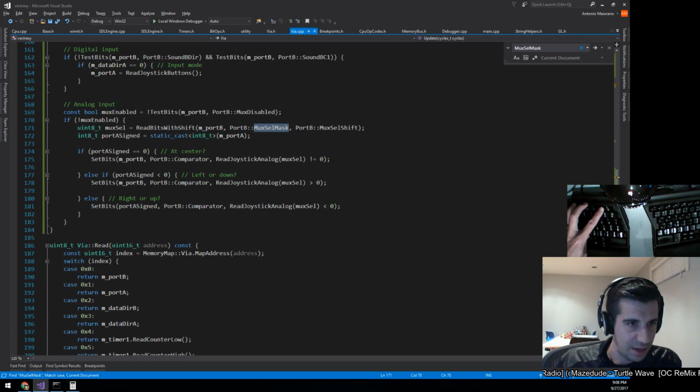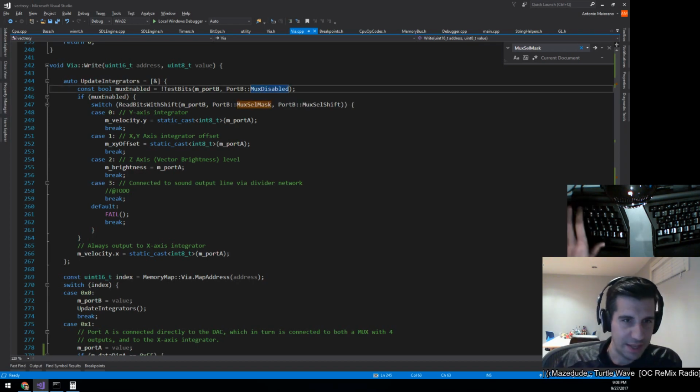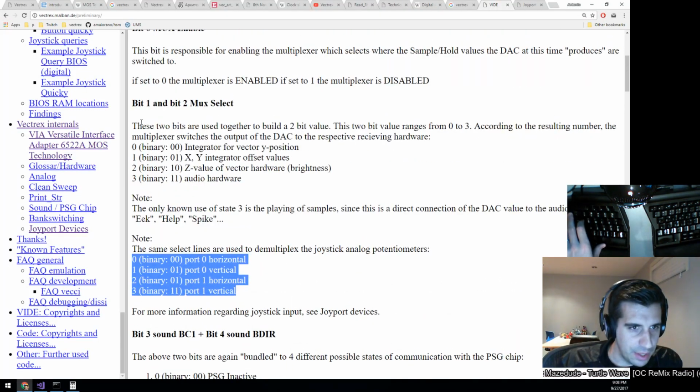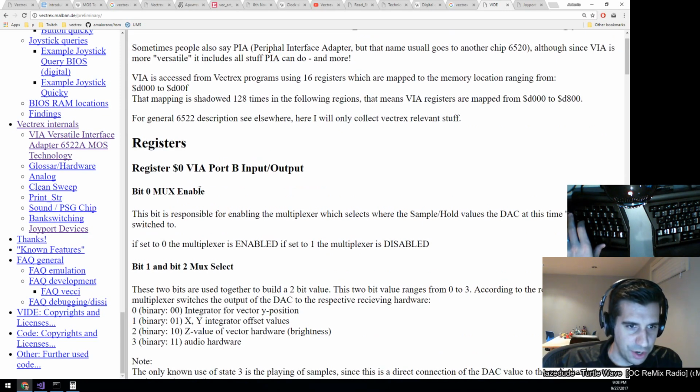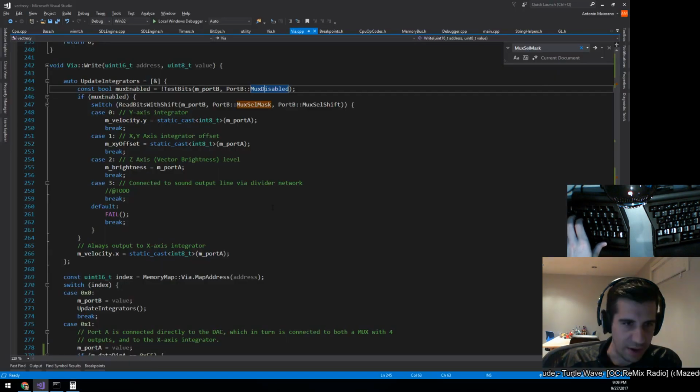My initial code for using them was here. If the mux is enabled, which meant, come up here, bit 0, mux enable, right? It's considered enabled if the bit is set to 0. So that's what I'm checking here.